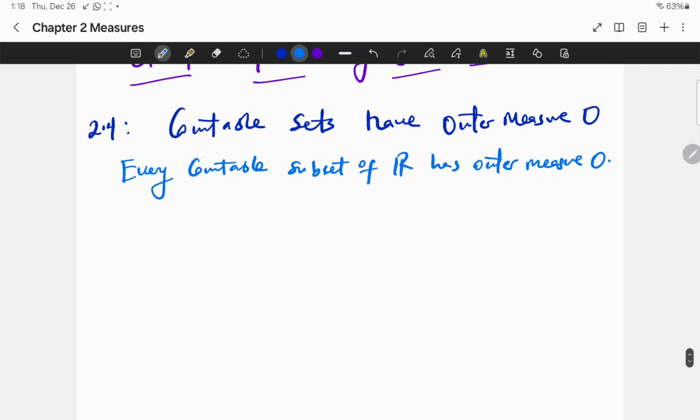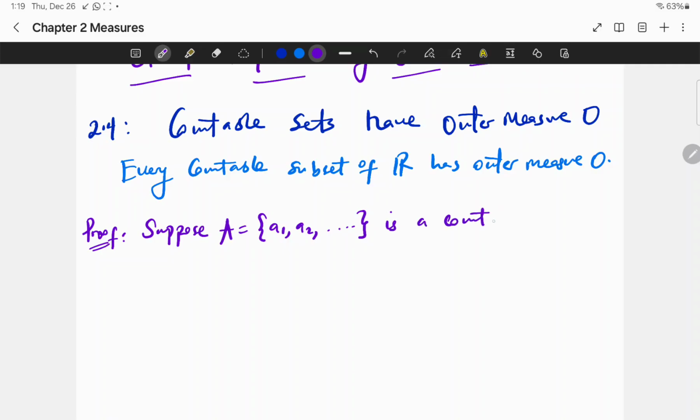A very nice and easy proof. Now suppose A equals A1, A2, and so on, a countable subset of R. So let epsilon be greater than 0.